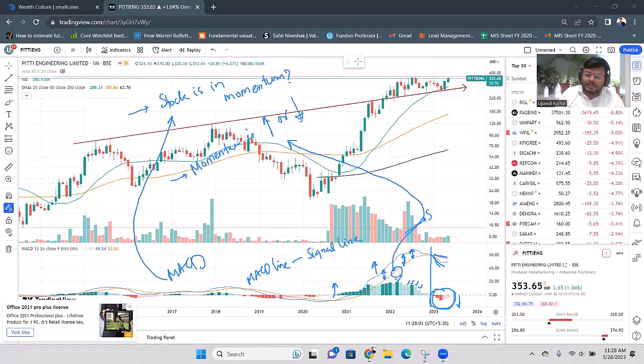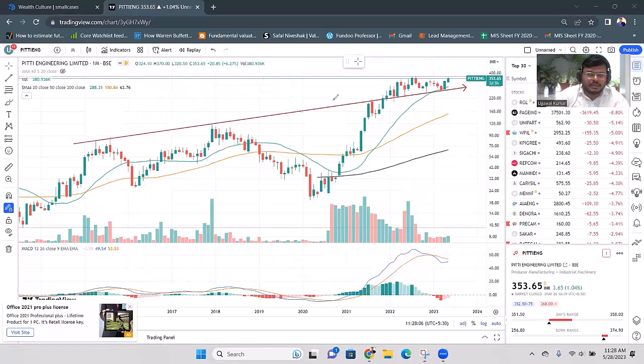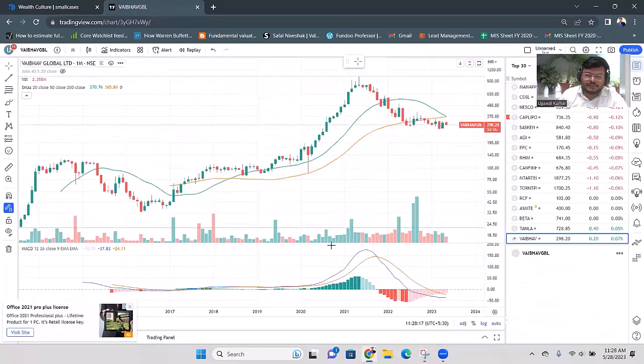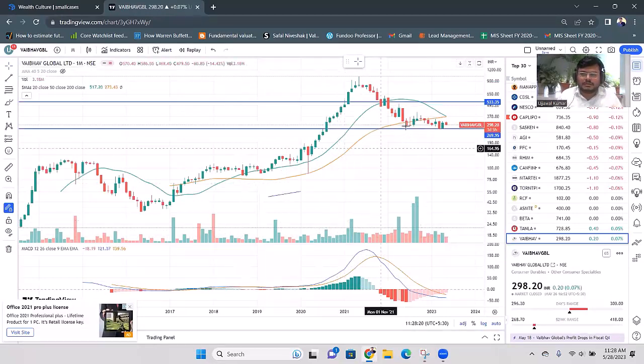So what it tells me is that, for example, I'll go to this chart called Weber Global. Just give me a moment. So here it's very clear. So let me talk about this.